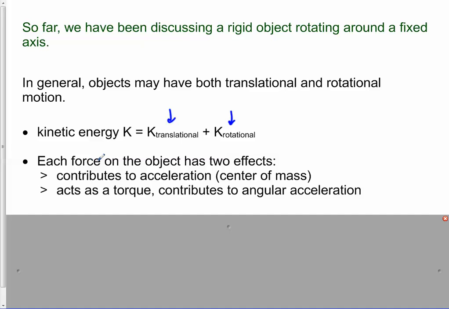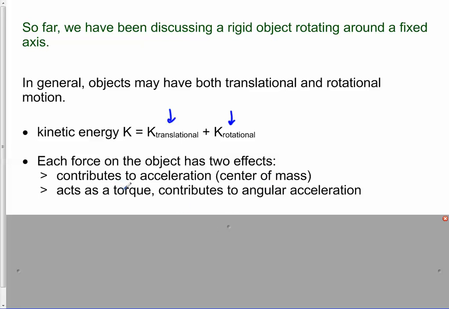Now, what's the story on force? When a force acts on an object, it's kind of double duty. It can do two things. First of all, it's a force, and so through F equals ma, it will contribute to acceleration. The center of mass is the point where we're going to pretend that all the mass is, and that's the point that accelerates.